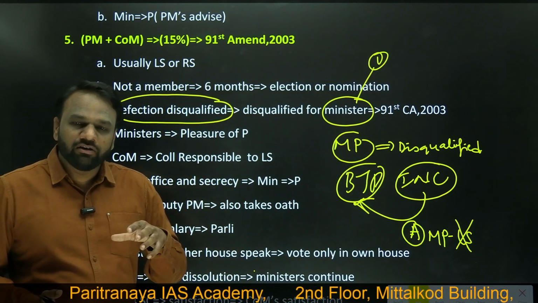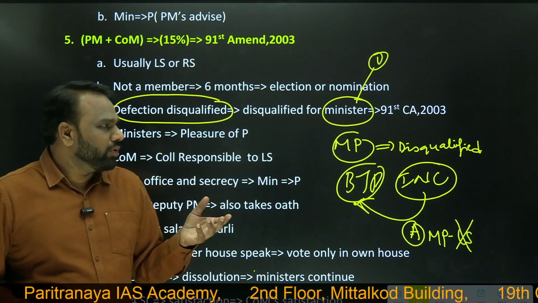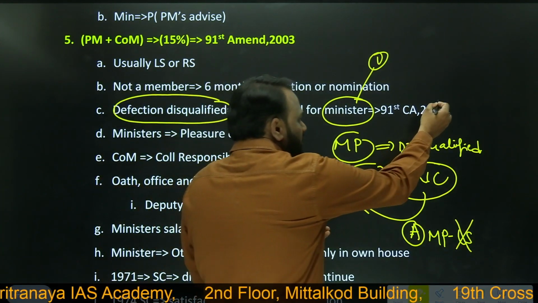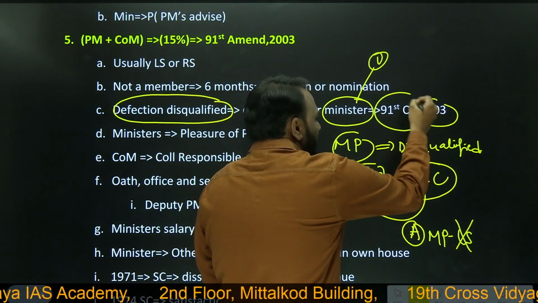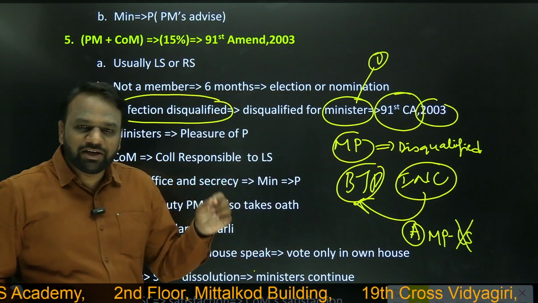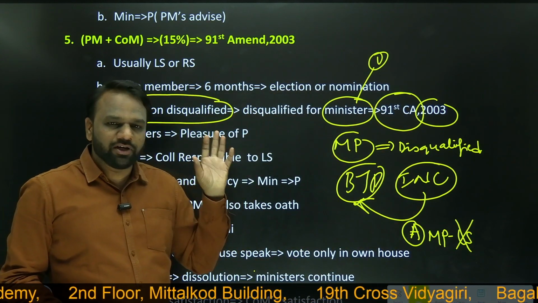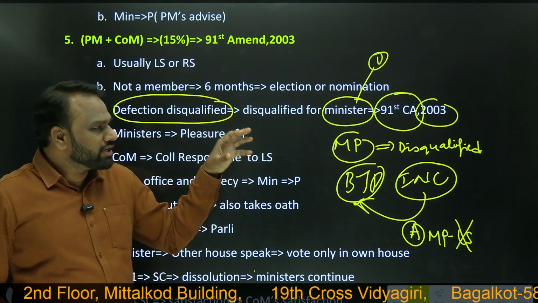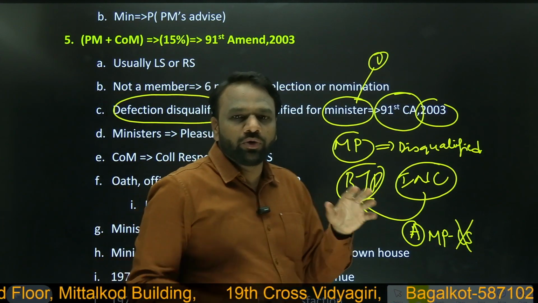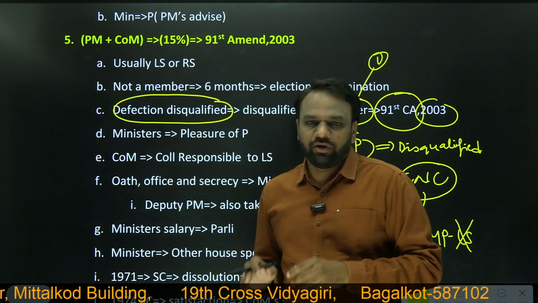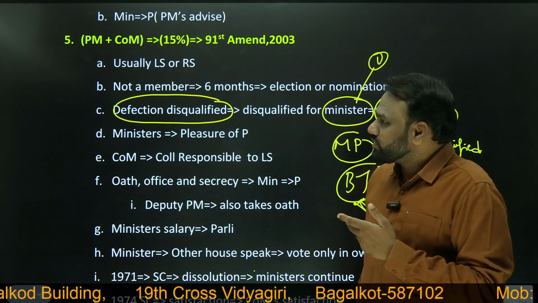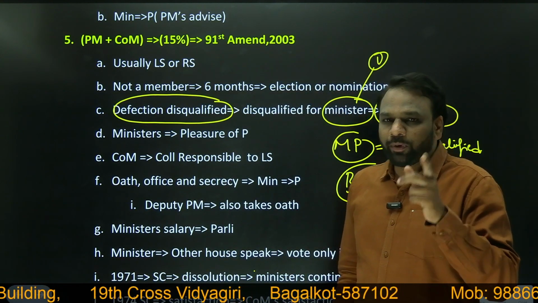Again, was this provision present from 1950? No. It was introduced in 2003 through the 91st Constitutional Amendment. The major intention of introducing this provision was, again, to prevent defection.